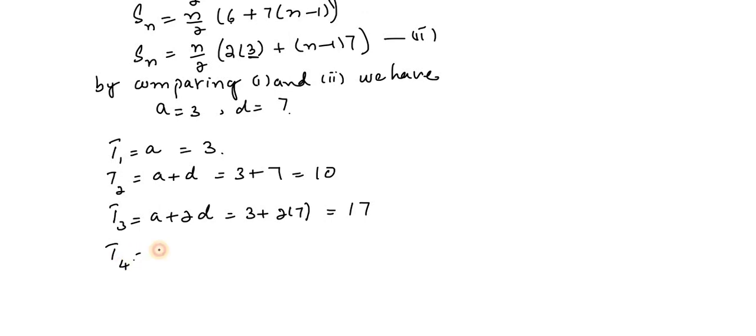The fourth term is equal to a plus 3d, so 3 plus 3 times 7, which is 24. So the first 4 terms of the series are 3, 10, 17 and 24.